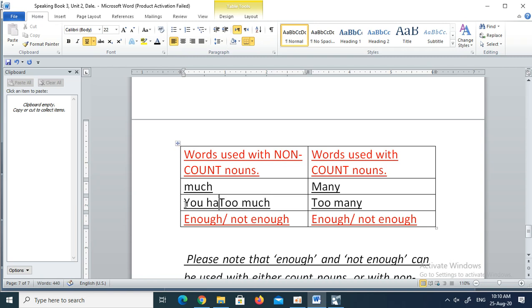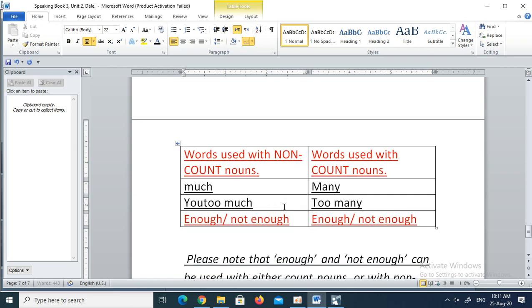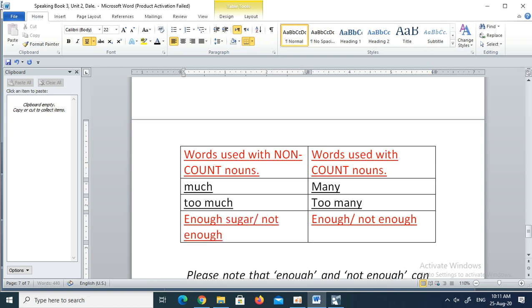Too much also is used with a non-count noun. You have given me too much food. Food is a non-count noun. So again, we can use too much with food, which is non-count. Enough and not enough. We can say enough sugar.